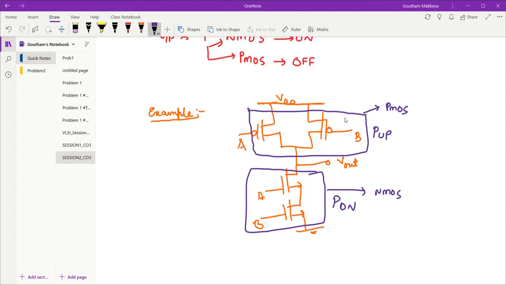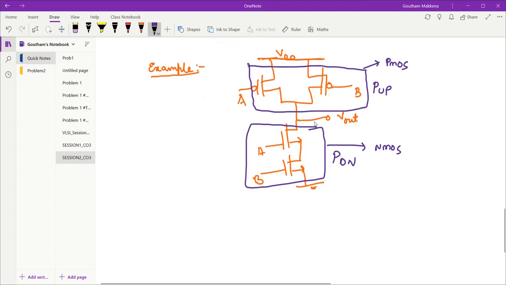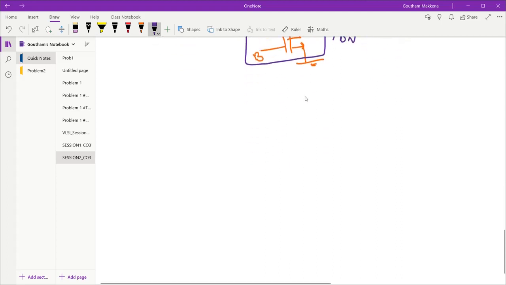So whatever structure I have drawn here is nothing but a CMOS gate. But which gate is it? That is the big question, isn't it? What is the gate that this structure is likely to implement? Let me redraw that gate.